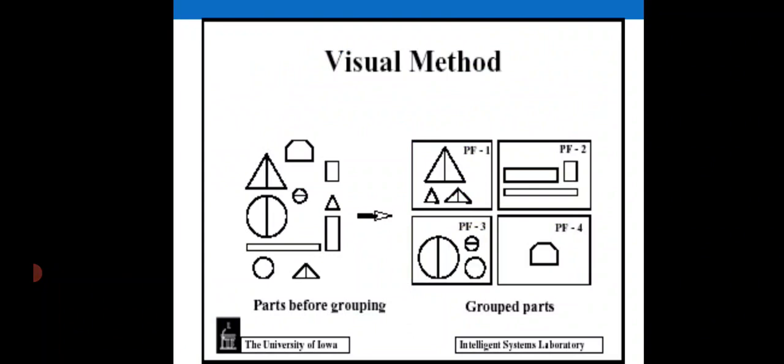In the second box, rectangular parts are grouped into part family 2. Then in the third, circular parts are grouped into part family 3. Then irregular or other shapes are grouped into part family number 4. This is a visual method.